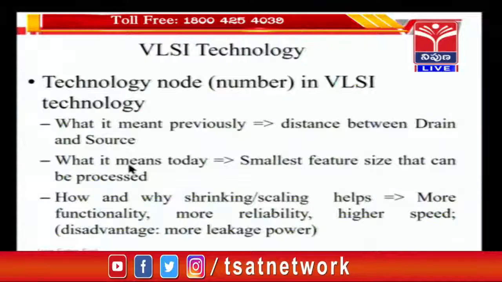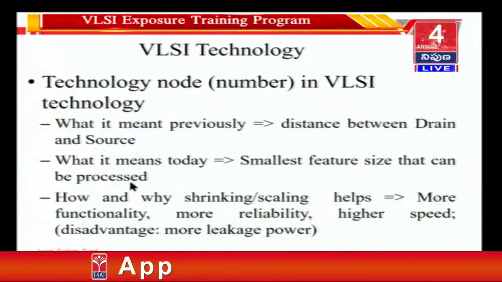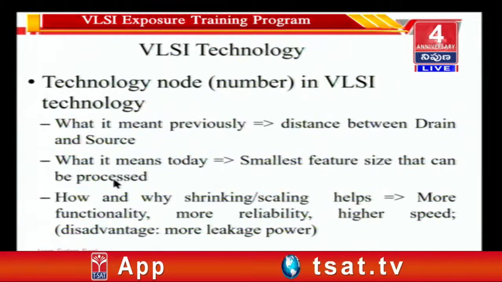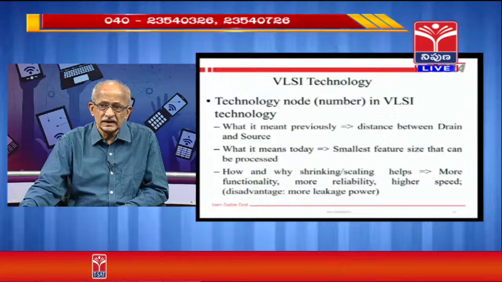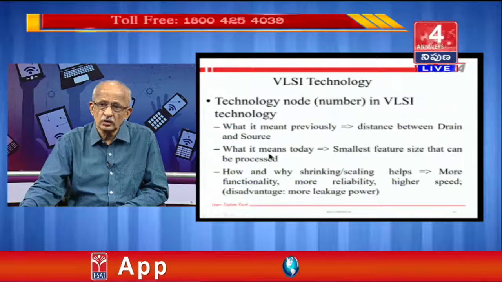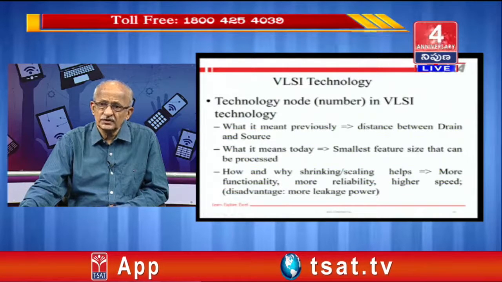We'll proceed further. So today it means the smallest feature size that can be processed. And today, if Samsung says that they are working on a 7 nanometers technology, the 7 nanometers technology of Samsung and the 7 nanometers technology of, let's say, Intel may not always give the same transistor size.